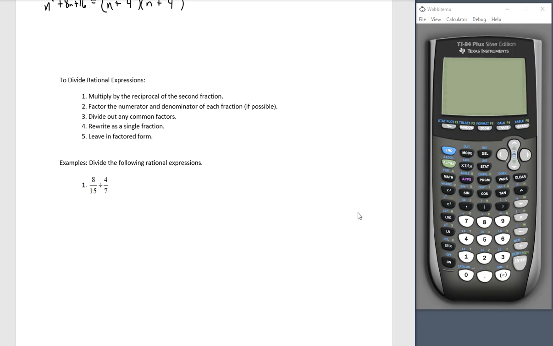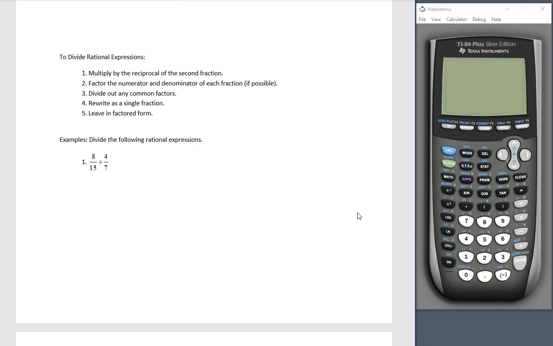All right, now let's divide rational expressions. To divide rational expressions, we're going to multiply by the reciprocal of the second fraction. Here's our little reminder. If I want to divide a half into 3/4, what I'm really doing is this complex fraction. I don't want to have a fraction with another fraction.